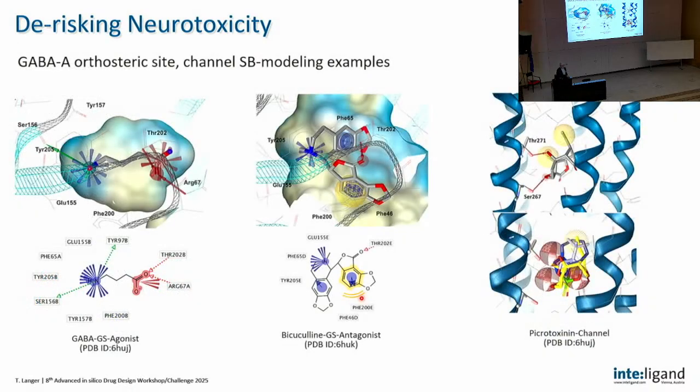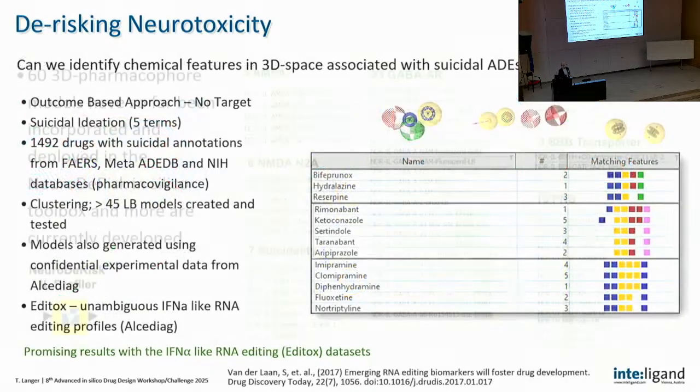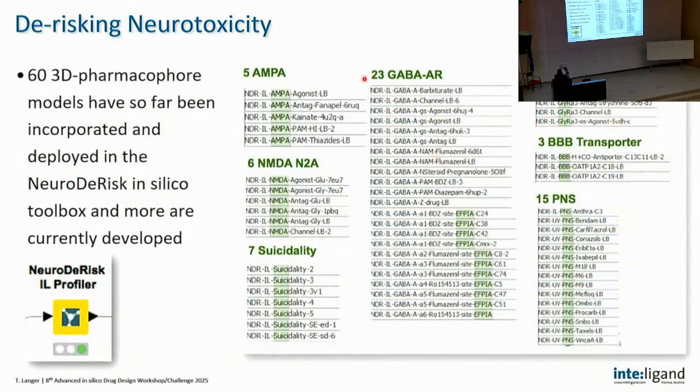Just to be clear, we are not looking for drugs against seizure. We are looking for drugs that do not induce seizure, right? Maybe this is what you wanted to see.